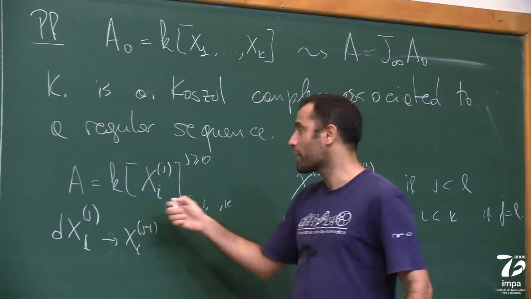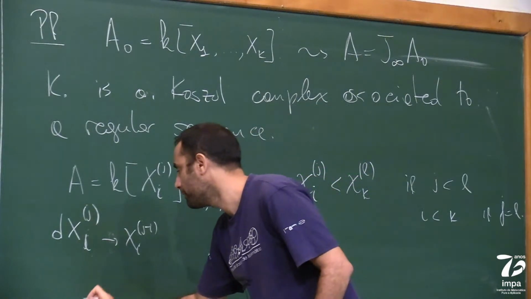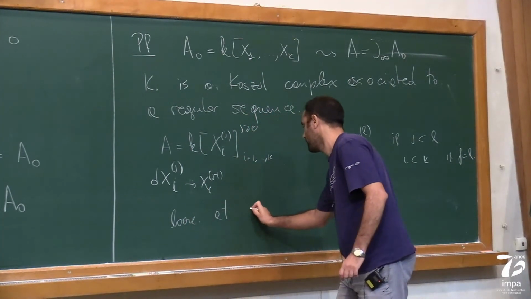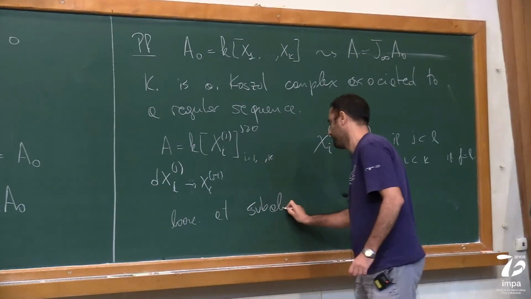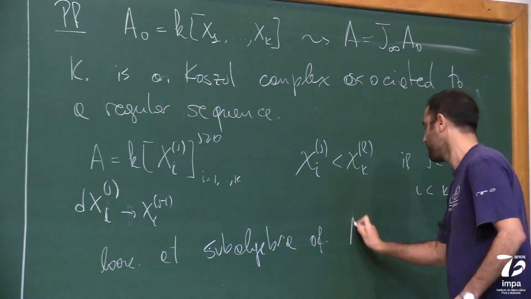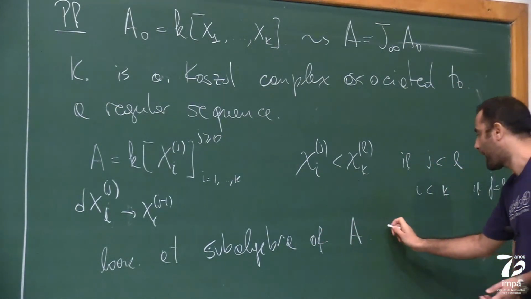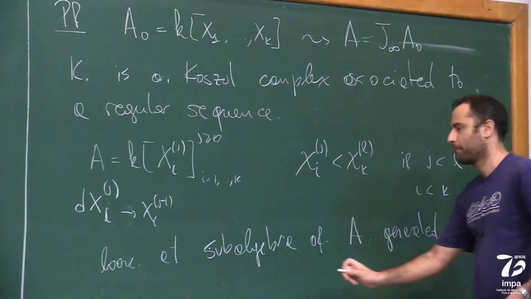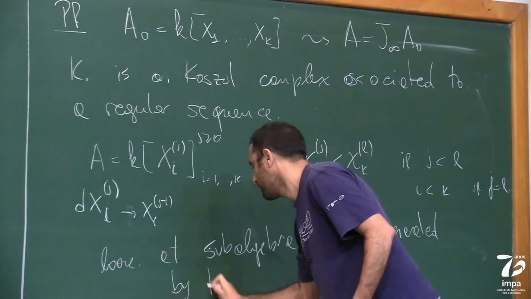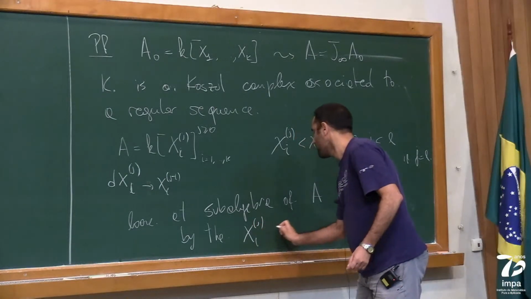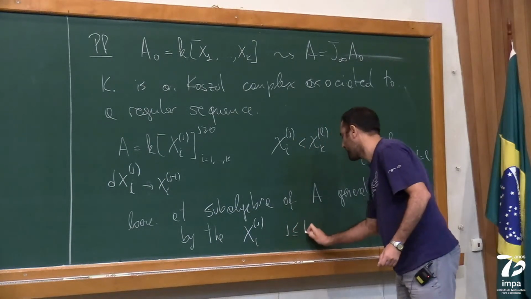But now I can do the trick that Anne did, and I can look at the subalgebra of A generated by the x_{ij} for j less than or equal to a fixed number n.